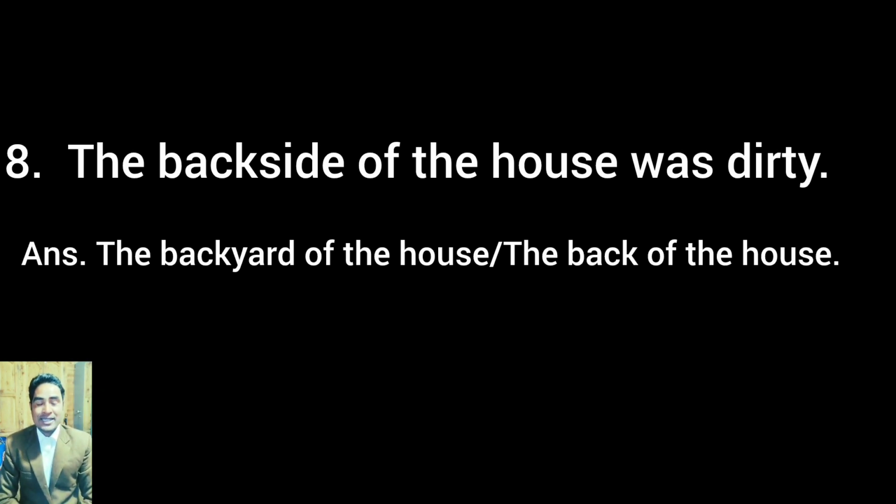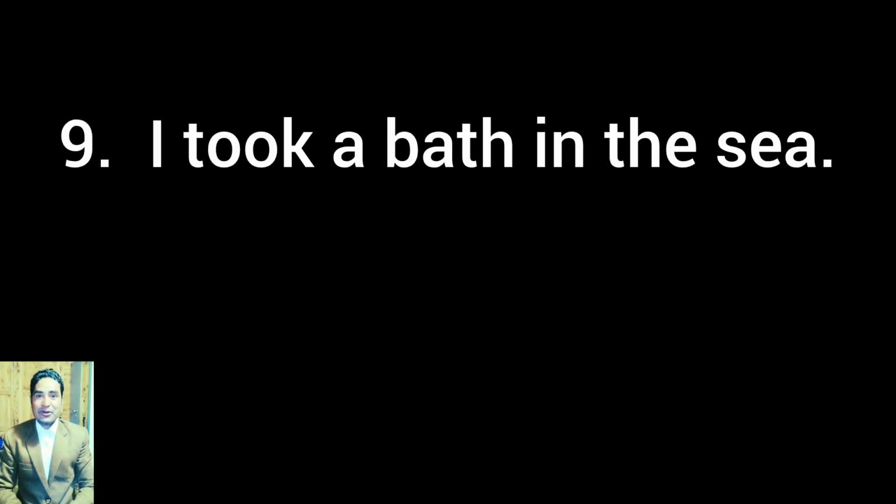The correct answer is backyard of the house, and you can say the back of the house, not backside of the house. Guys, I repeat, in British English, backside means hips, buttocks of a human. I'm so sorry, in American English, backside is used, but that is written separately: back, then a space, then side. Let's move on to the next question.